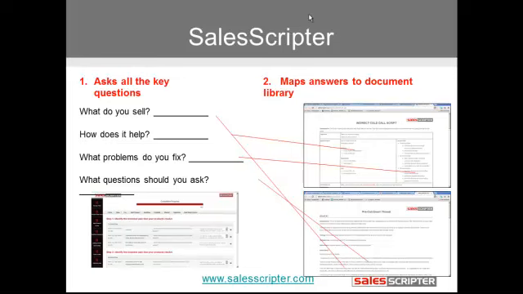Sales Scripter will ask you, what do you sell? How does that help? What problems does that fix? What questions should you ask to see if someone needs that? When you answer those questions, those answers are linked to a number of different places and documents, one of those documents being the email drip campaign guide.